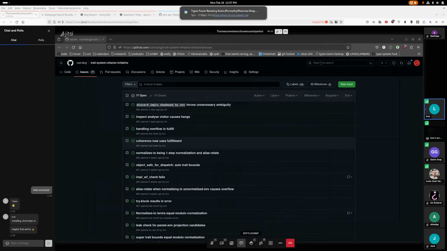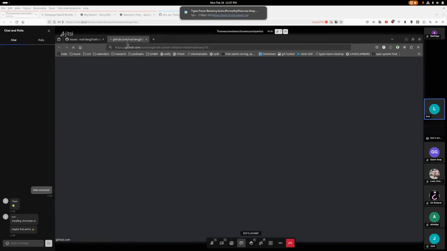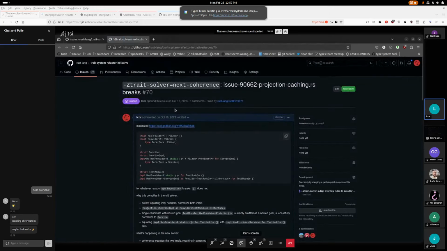There are some annoying differences, for example, that one. You would expect that the old solver always results in a fatal error if you have overflow, so we're free to do whatever we want when hitting fatal overflow, because that can happen in the old solver.